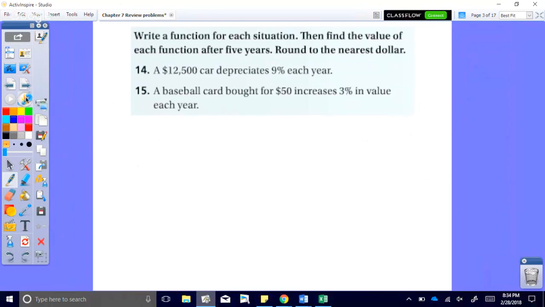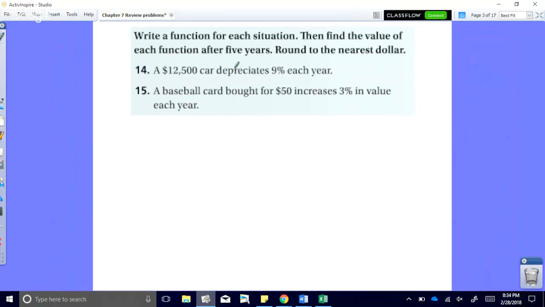The next couple say write a function for each situation, then find the value of each function after 5 years, rounded to the nearest dollar. I will do the setup for both of them, but I'm only going to plug into the calculator for one of them. When it comes to writing these exponentials, we have some a times b to the x.